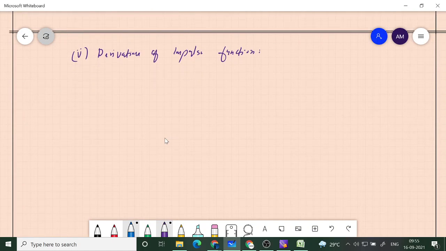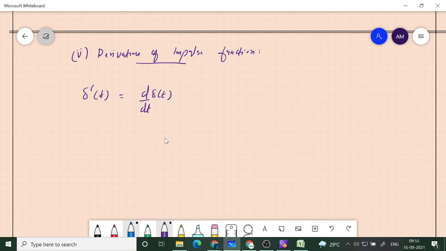So what do you mean by derivative? Derivative means this: if you have delta of t, you do d by dt of delta of t. Now how to define this? Usually this function will come in some kind of integration.